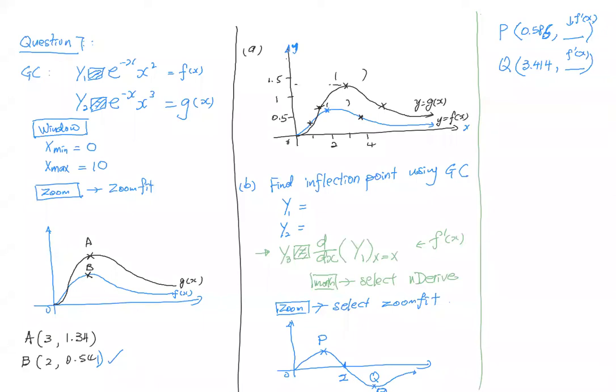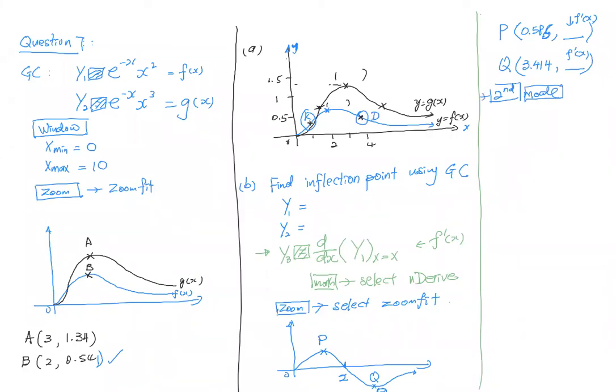Because what I'm interested in is this coordinate K and this coordinate D. After I got that, I need to quit from my graph. I need to press second mode to quit. These are the steps you have to be very clear about.